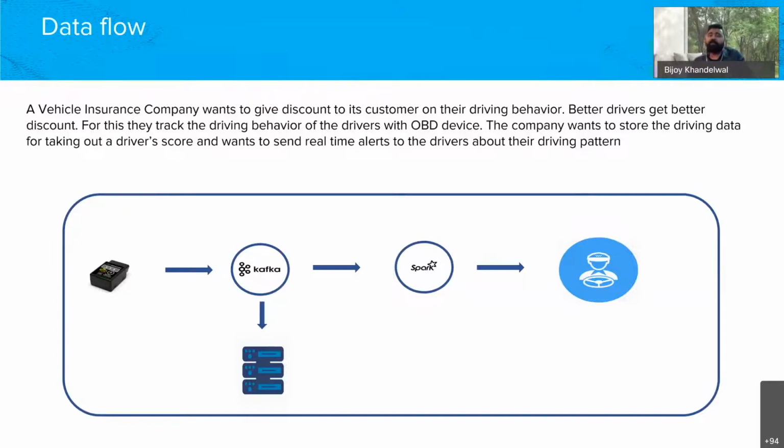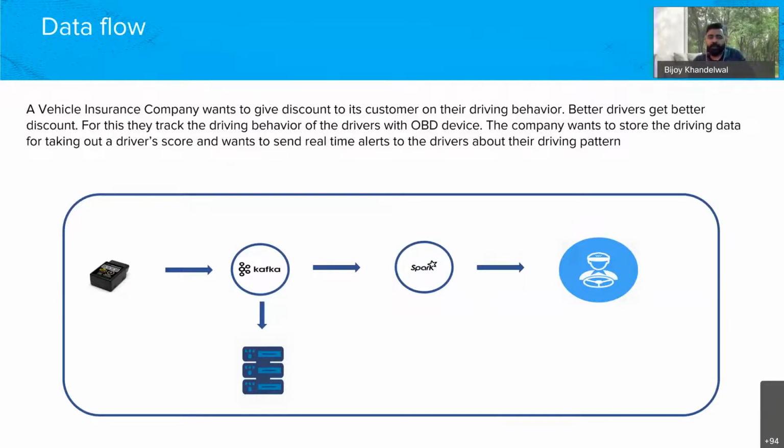And also, this is important, the company wants to send real-time alerts to the drivers. So one part is storing the data so that it can be used for analytical model building. But one part of it is also real-time insights, that is real-time alerts to the driver if they're driving rashly. So if you see, the OBD device pushes data to Kafka, and Kafka pushes data to two sites.